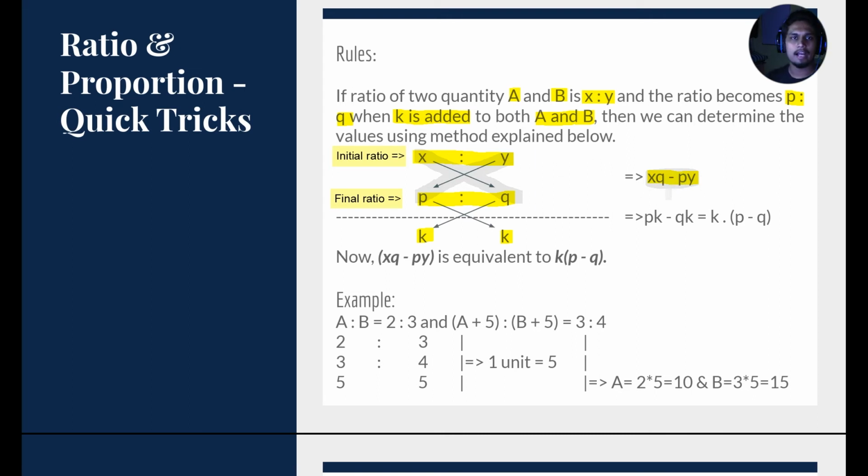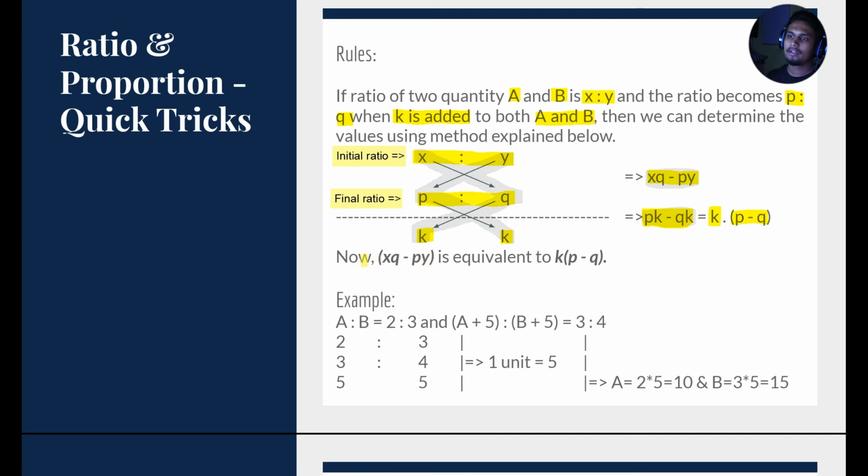Next step is we have to multiply p into k and q into k, and again we have to get the difference. As we have added the same k amount to both quantities, we can keep k in common and we will get k into p minus q.